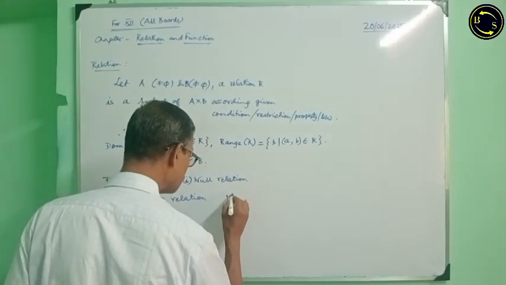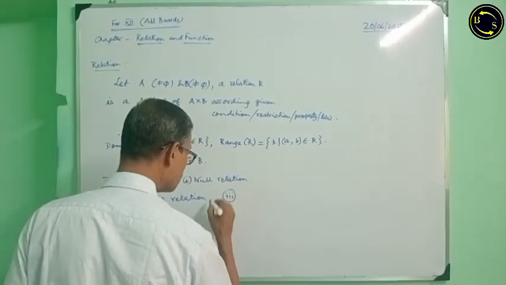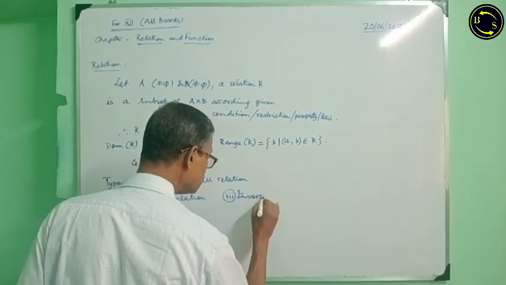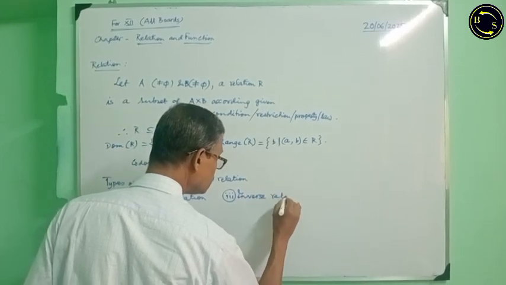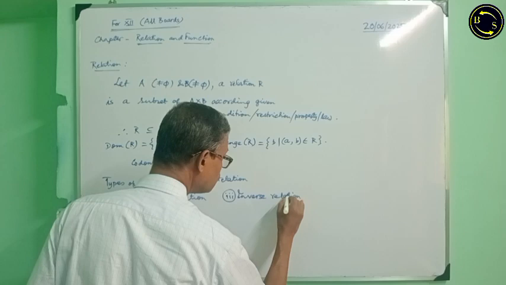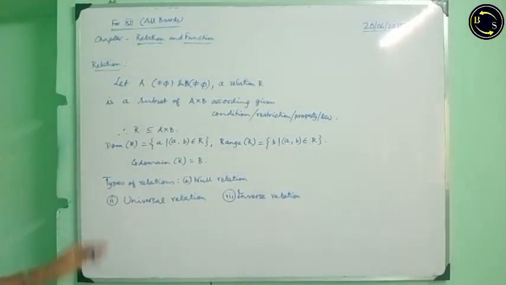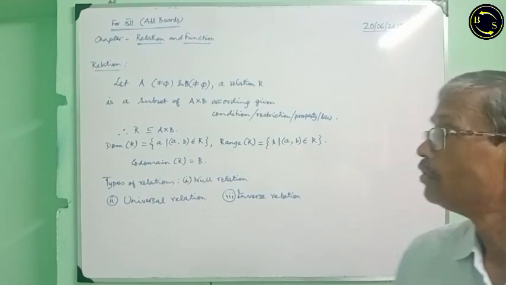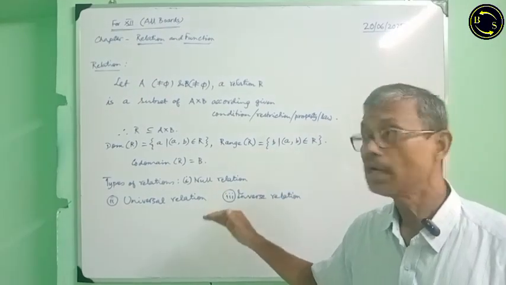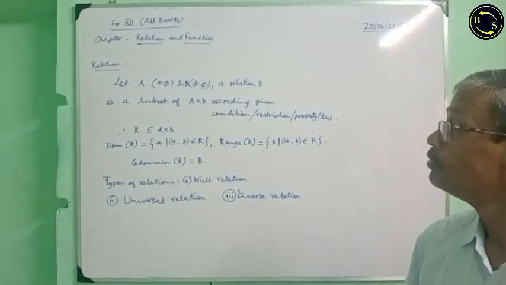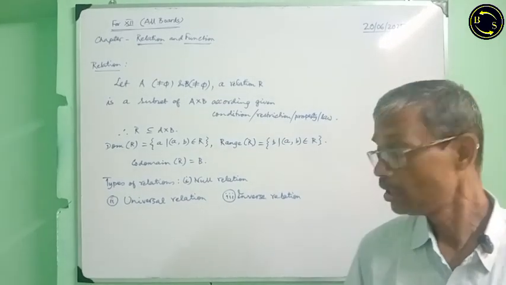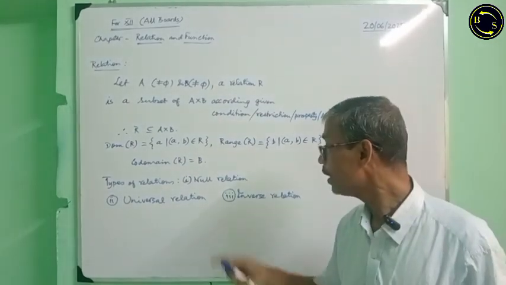Number 3, inverse relation. These are essential. Actually, on the basis of this idea, we shall now define relation on a set or relation in a set. Now, let me clarify.